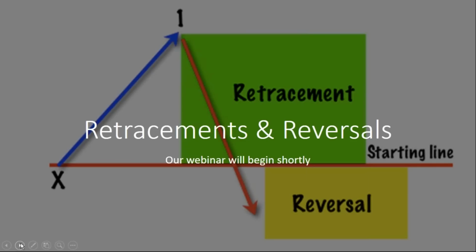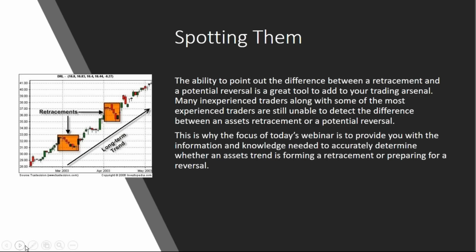Now, tonight's class is on retracements and reversals. And I'm going to apologize now because I'm in a weak position because our internet and our electricity is out.